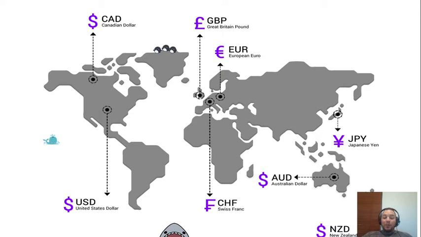Below, right at the bottom, we have CHF, which is the Swiss franc. To the right of that, you've got AUD, which is Australian dollar. To the right of that, you have NZD, New Zealand dollar at the bottom. And then further on above, you've got JPY, which is the Japanese yen.